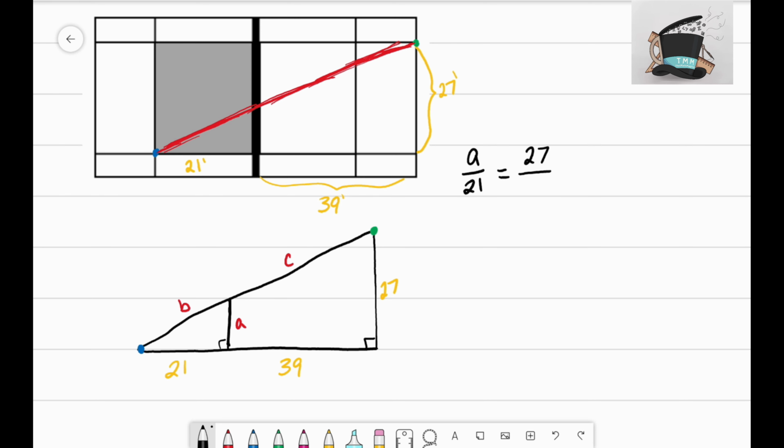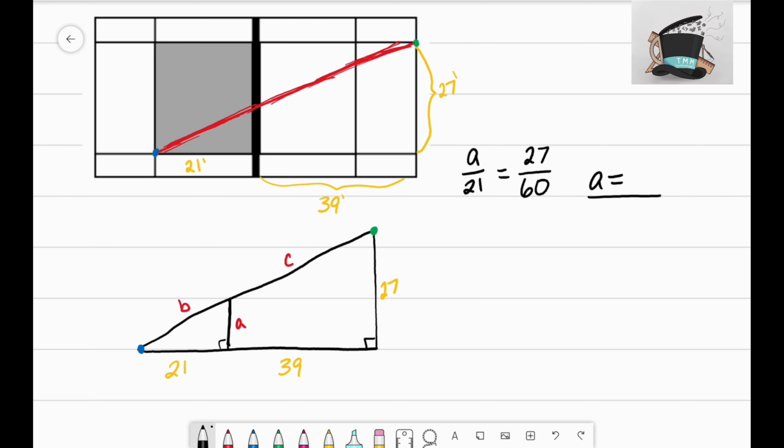And be careful now: to get the bottom one, it wouldn't just be 39, it would be 21 plus 39, which gives us 60. I'm not going to do that work for you. I believe you can do the cross multiplying and solving, and you'll be able to figure out what A equals.